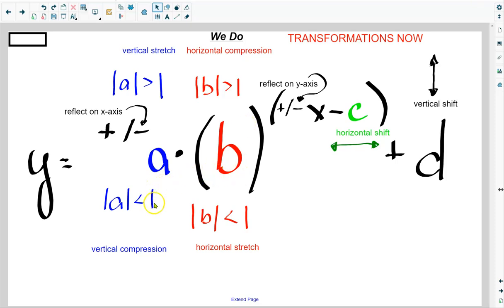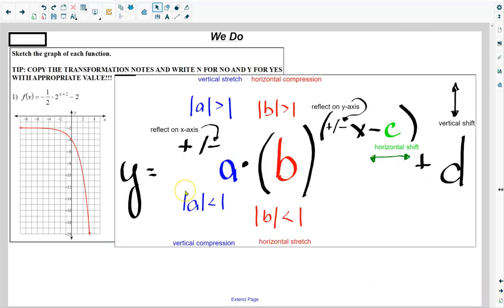So let's see here. Let's go ahead and do one, and then we'll get you guys started working with your partners in class. So sketch the graph. You've got calculators, so that's not going to be the difficult part. The main thing is the transformations. Once you have this, you set up this template and you fill it in.